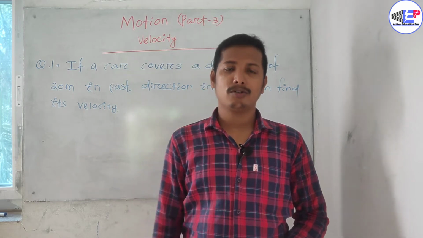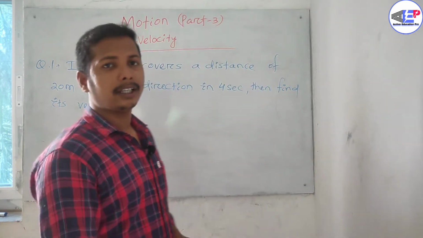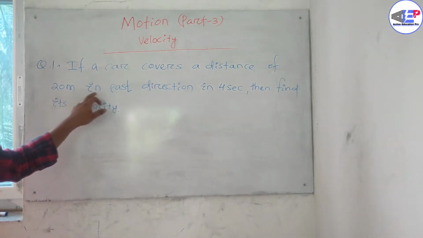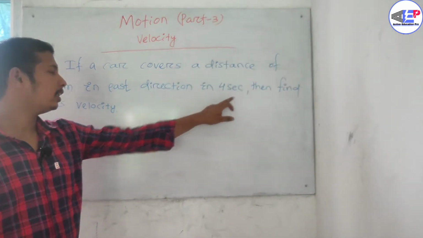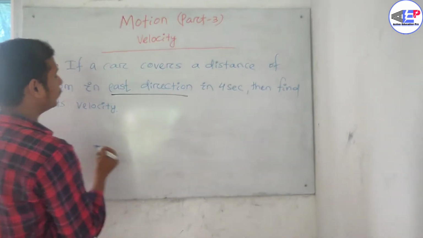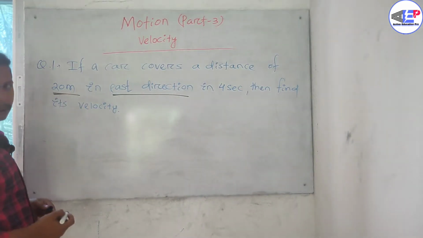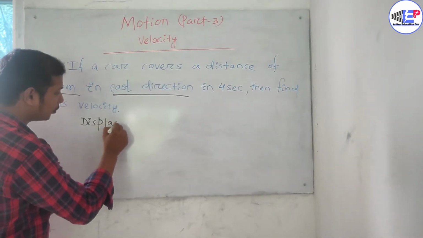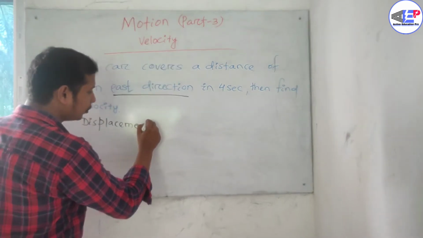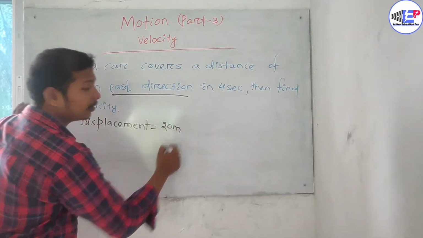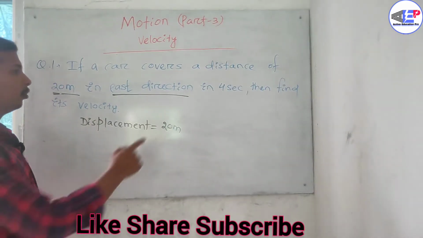Let us do some numericals. Question is given that if a car covers a distance of 20 meter in east direction in 4 seconds, then find the velocity. Here direction is given, that means it will be displacement. So displacement will be equal to 20 meter. Time here given that 4 seconds.